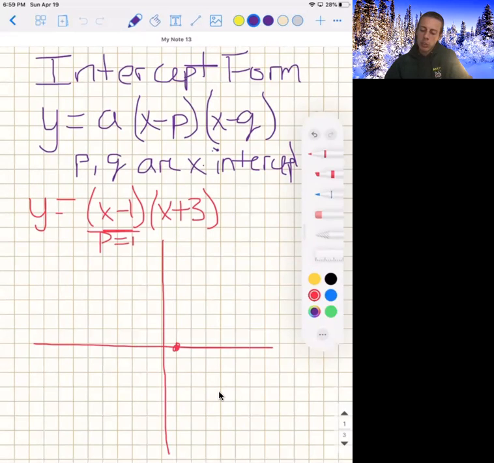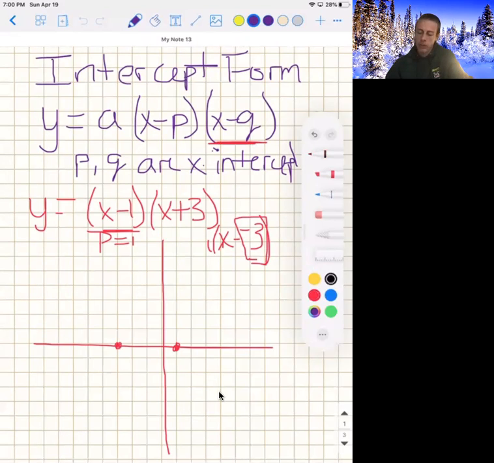And then this x plus 3, you could decide to rewrite this as x minus negative 3. And that says the exact same thing as what we just had. But now it sort of looks like what we talked about with our x minus q form. So that means at negative 3, we must have another x-intercept somewhere over here at (-3, 0).